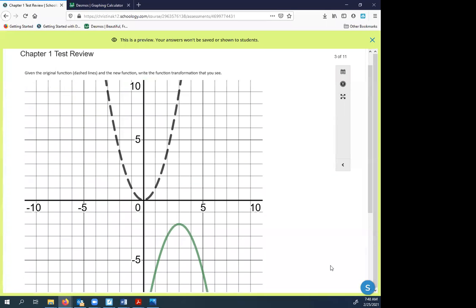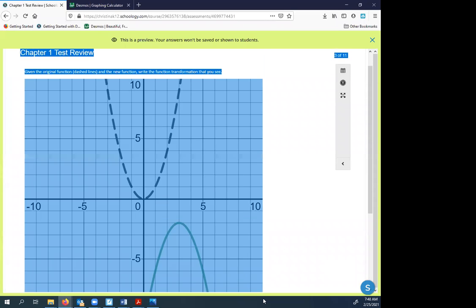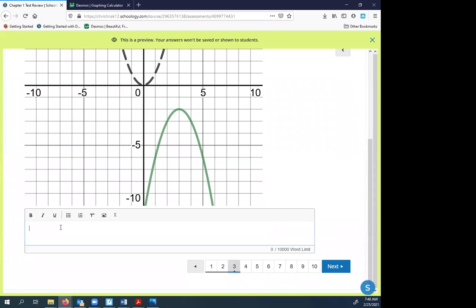Next question. Okay, this one is the same thing. We flipped it upside down, so there should be a negative in front. And then I went right 3, so that's going to be an x minus 3 in the parentheses, and down 2, so that's going to be minus 2 on the end. So I can just type that in.